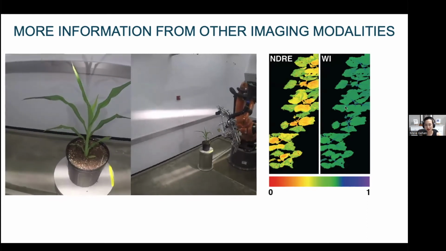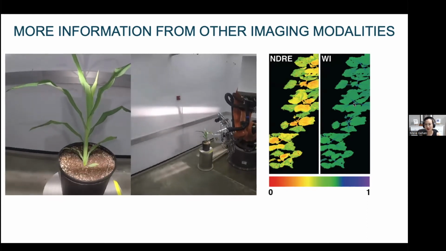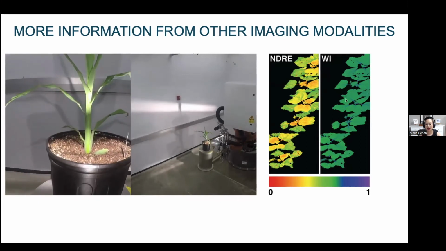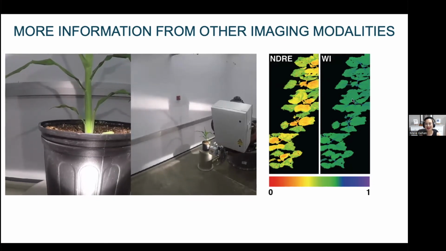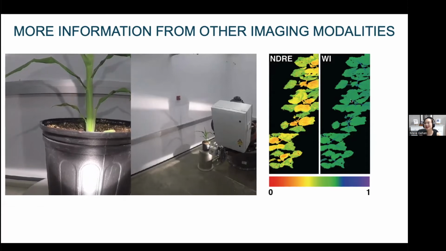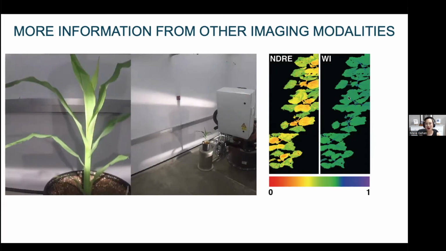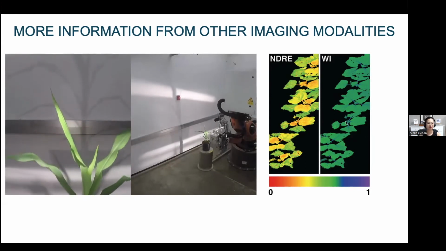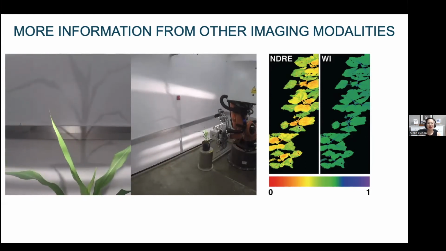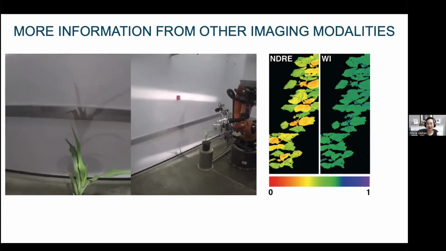I like to show this one because, though it might be small on your screen, according to this index there's a higher concentration of water along the veins of these leaves, so you see a higher blue value there. So we can get more information out of this imaging modality that might be biologically relevant.